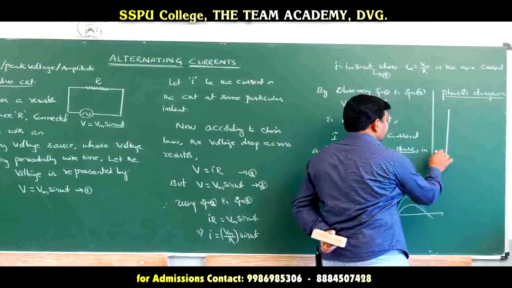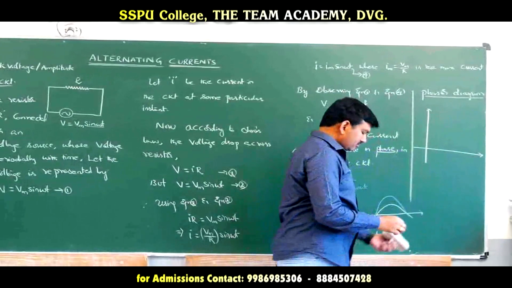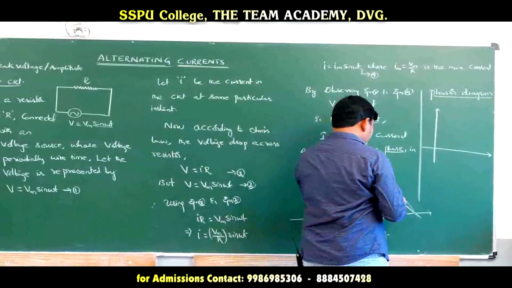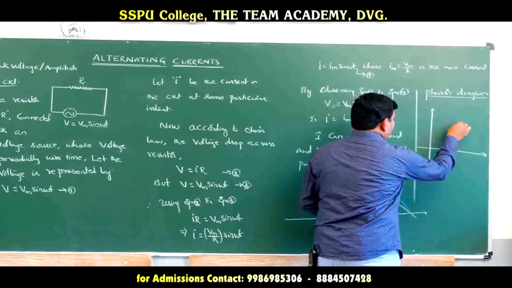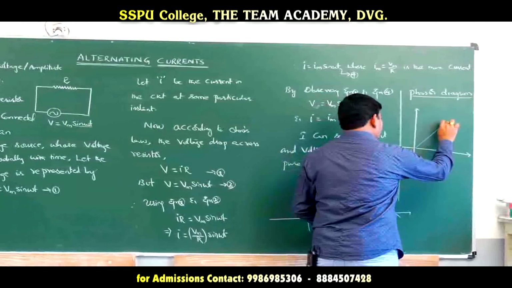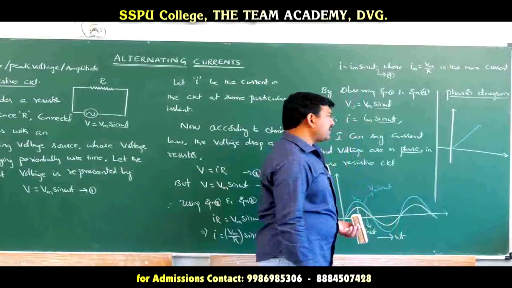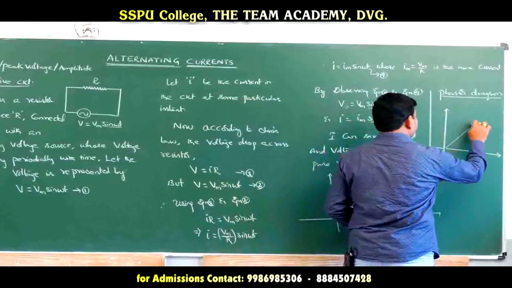How to represent the phasor diagram: here, let me choose this voltage vector, and from here to here it represents the maximum value of voltage. I will take it as Vm.